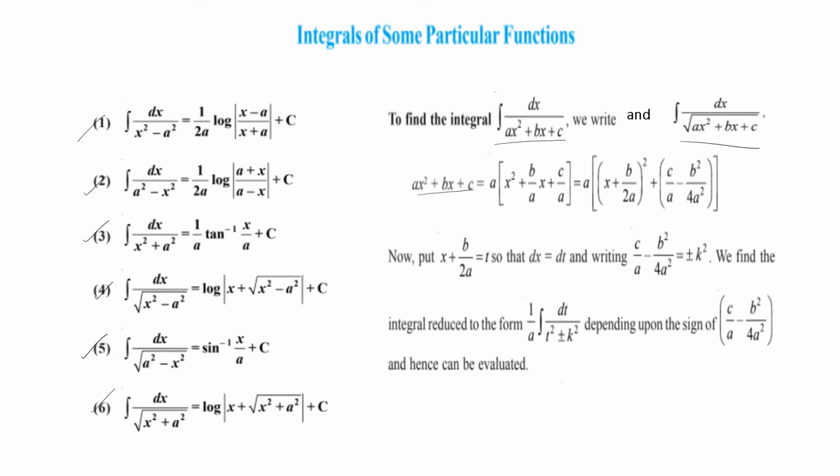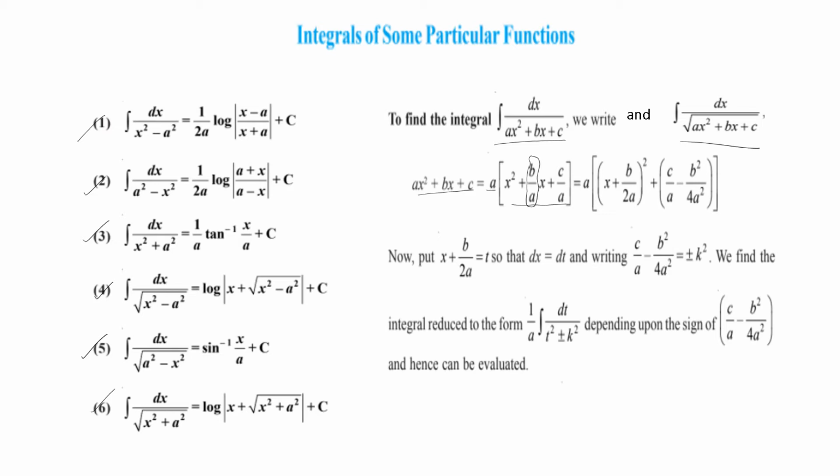We will first make x square free from any coefficient except 1. So a is taken common here, and we obtain x square plus b upon a x plus c upon a, all multiplied by a. Now to make the perfect square, we take half of the coefficient of x, that is b upon 2a.